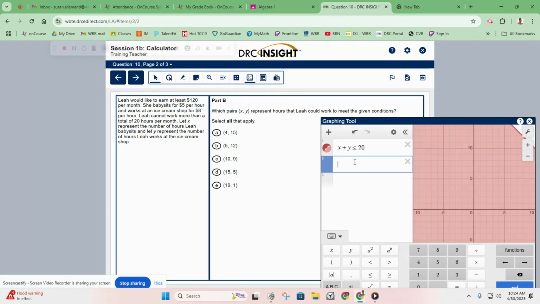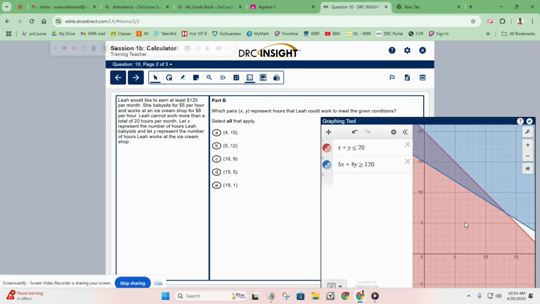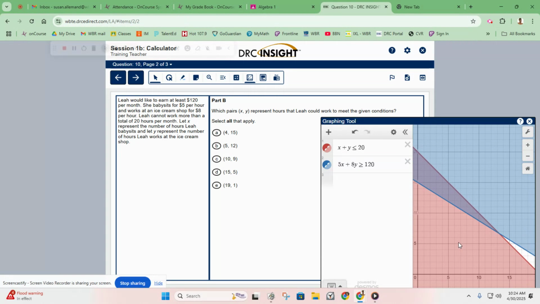And then the second one was 5x plus 8y is greater than or equal to 120. Keep in mind, the reason the original graph only showed the first quadrant is because we're talking about the amount of hours worked and money earned. It's only going to give us positive solutions. You can't work in negative hours or earn negative money.